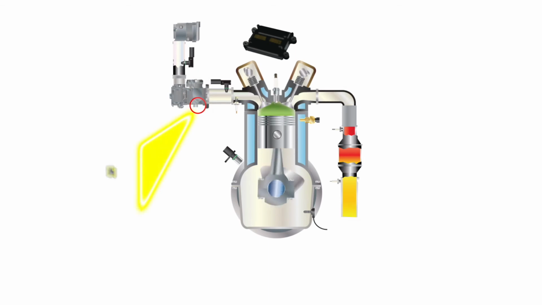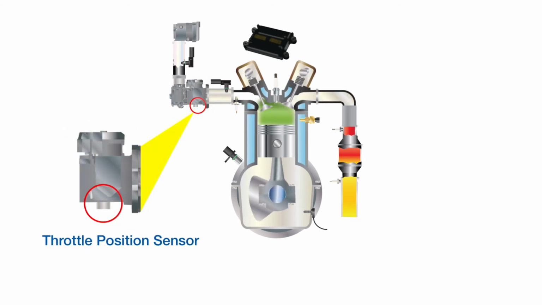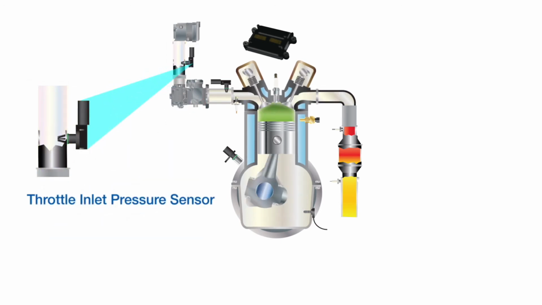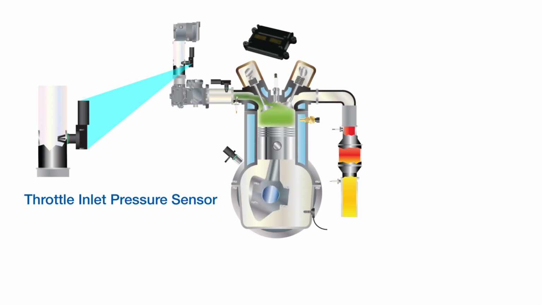The engine throttle position sensor tracks the shaft movement and position, closed throttle, wide open throttle, or any position in between, and transmits an electrical signal to the ECU to make any required adjustments. The inlet manifold pressure senses fuel pressure and inputs to the ECU to adjust the fuel requirements and control the ignition sequence to each cylinder.